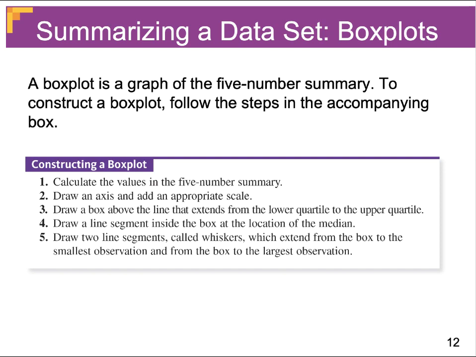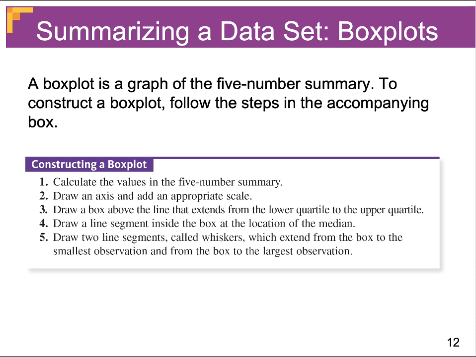So to create a box plot, you just get those 5 numbers in the 5-number summary. You draw an axis and an appropriate scale that's going to contain all of those values. And then you start by drawing a box from the lower quartile to the upper quartile. You simply add a line segment at the median, and then draw 2 line segments, the whiskers, down to the smallest observation and up to the largest observation.